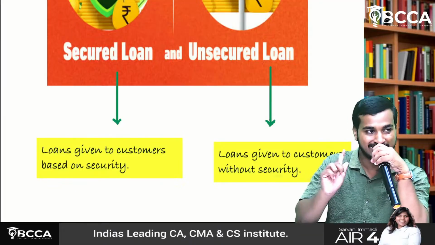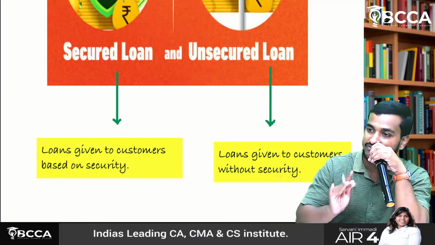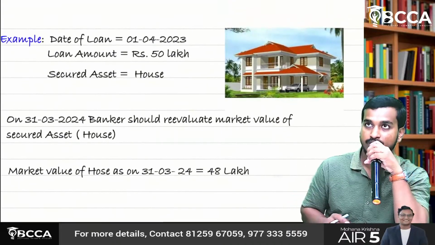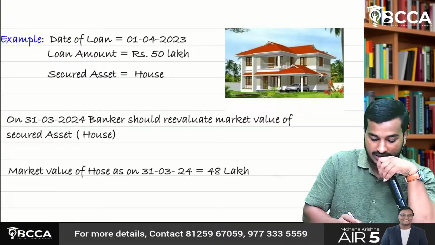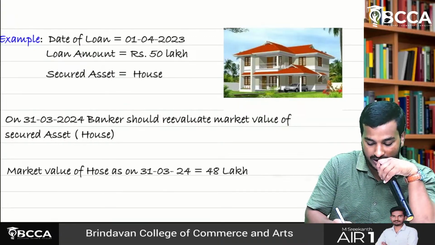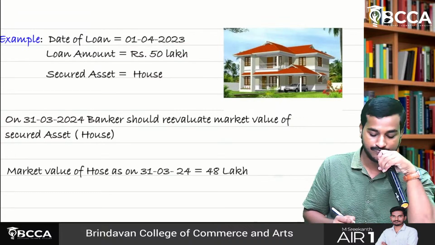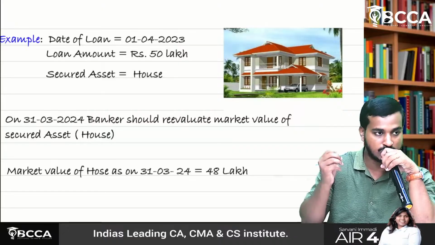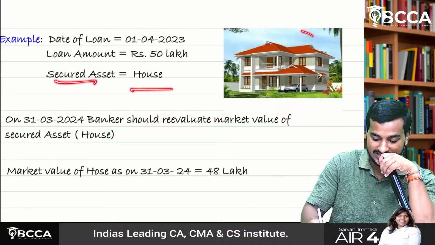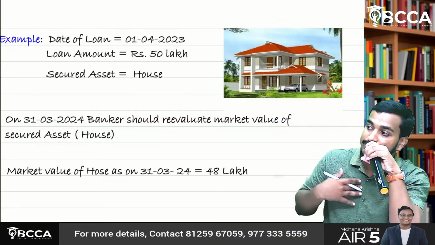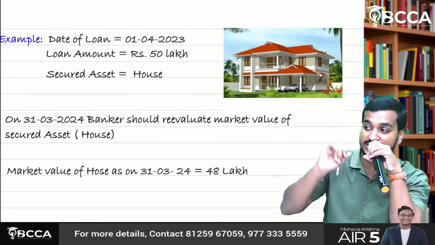Now I will give you one example. That example is enough for this concept. For example, some SBI bank has given a loan on 1/4/23. Loan amount is 50 lakhs. Obviously, that loan is a secured loan only. The secured asset is this house. Now think from the banker's point of view, not the customer's.